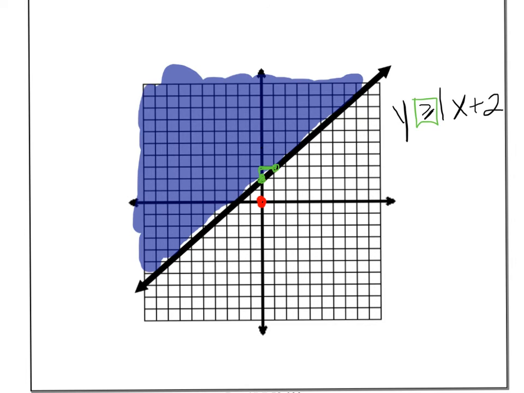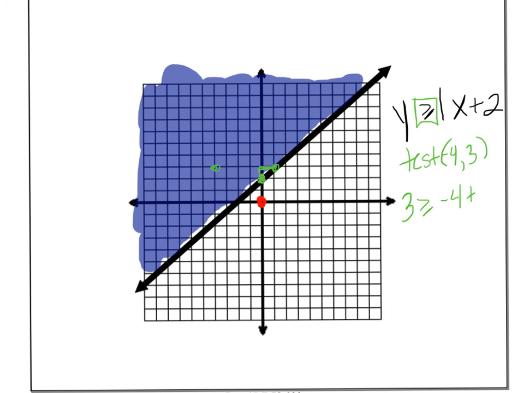Now I never trust myself that I've done it right, so I'm going to test a point to make sure I have my inequality symbol facing the right way. And the point I'm going to test is one that's shaded in the overlap. So how about I pick -4 and 3. And plug those in your equation.